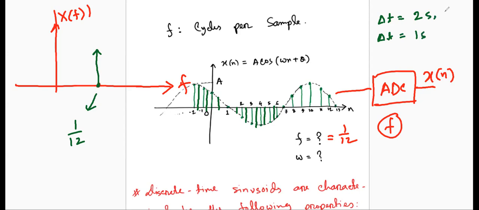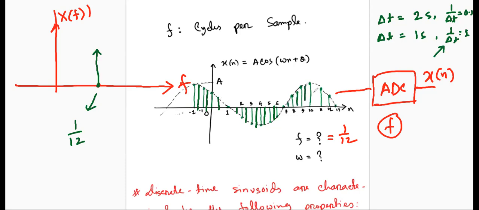When it was 2 seconds, it was 1 by del t, which is 1 by 2, 0.5. Now this is 1. So the sampling frequency increased by 2 times. So you have more samples in between.